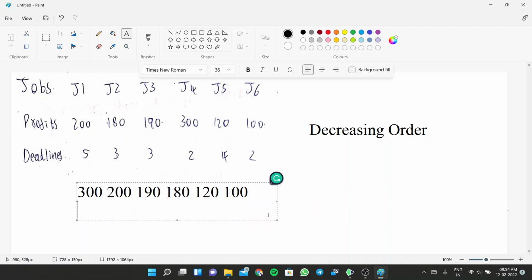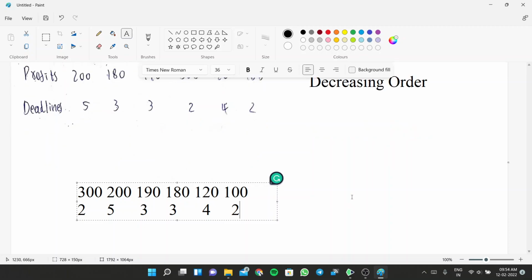After mentioning the values, I will mention the deadlines, that is 2, 5, 3, 3, 4, and then 2. So these are the profits and then the deadlines.